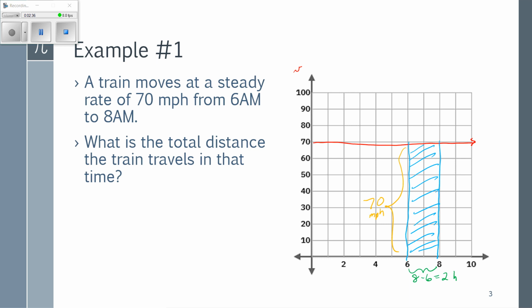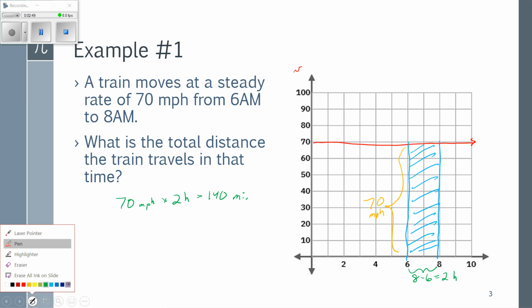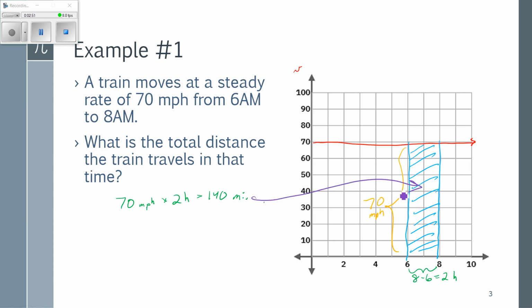So when I'm doing 70 miles per hour times 2 hours to get the 140 miles, what I actually found is the area between my function, the 70 mile per hour function, and the x-axis.